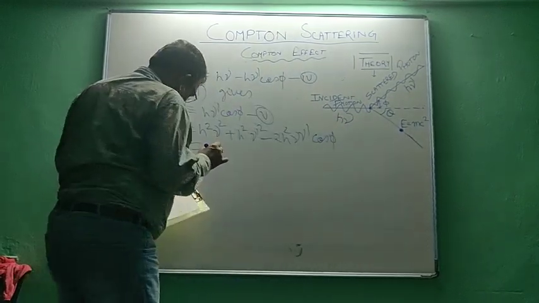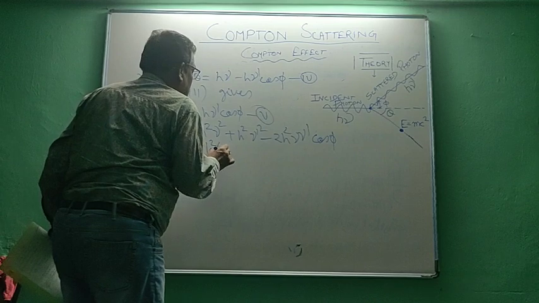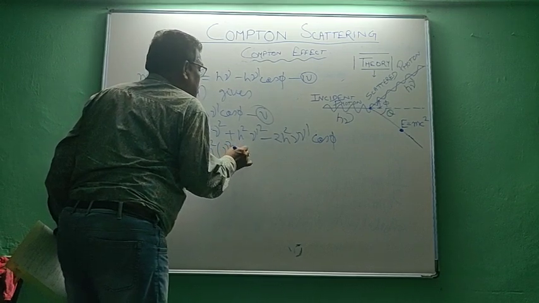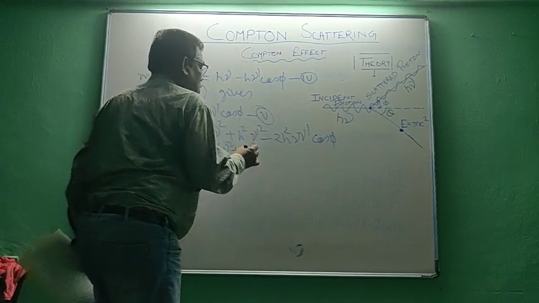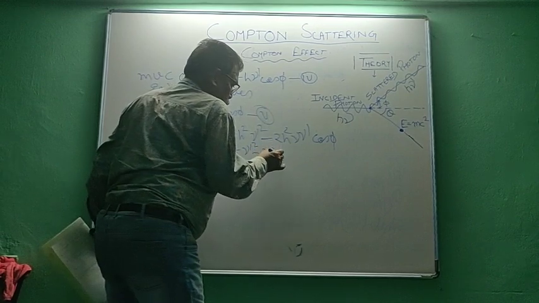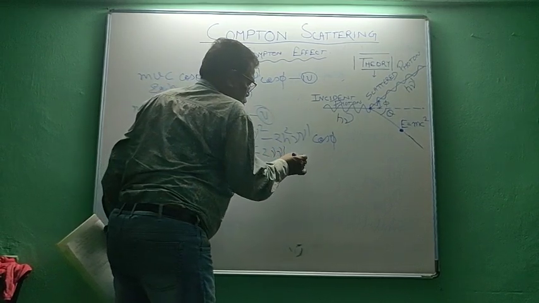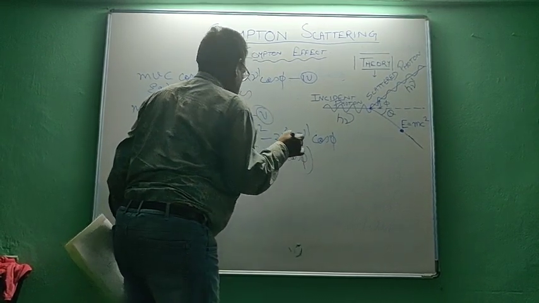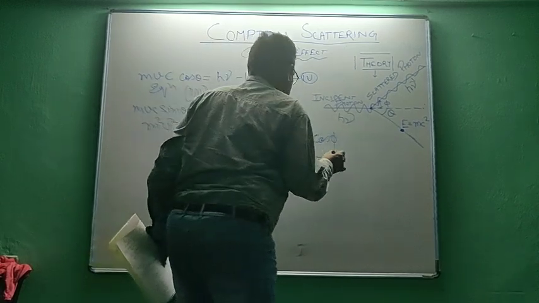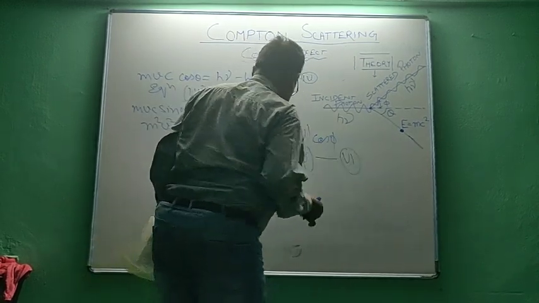Take h square common: h square times nu square plus nu dash square minus 2 nu nu dash cos phi. It is equation 6.